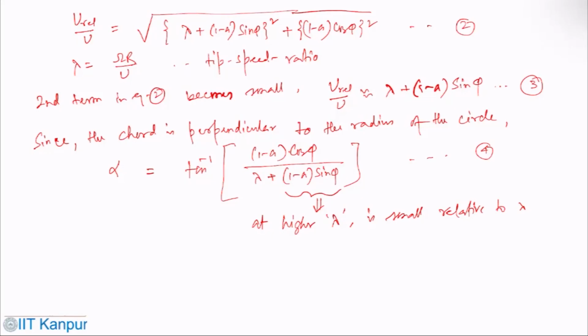So then tan of alpha can be taken as alpha. So we write alpha equals (1 minus a) cos phi divided by lambda. Okay, so it's a small angle approximation. That is what we are using here.